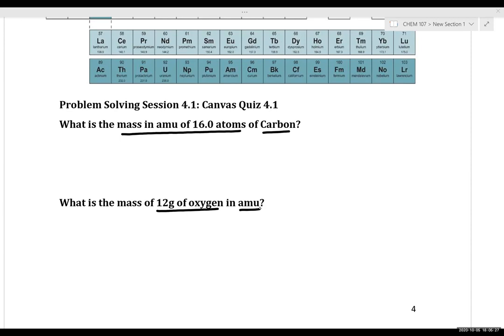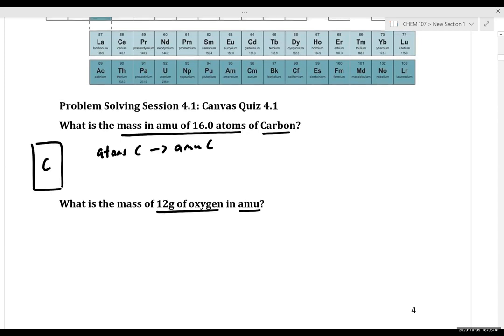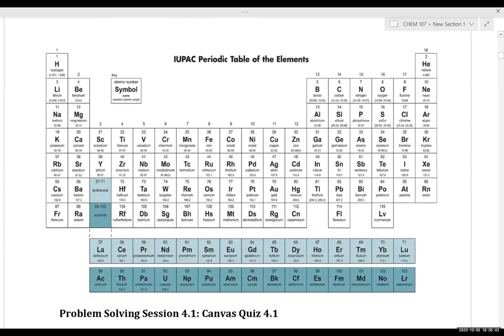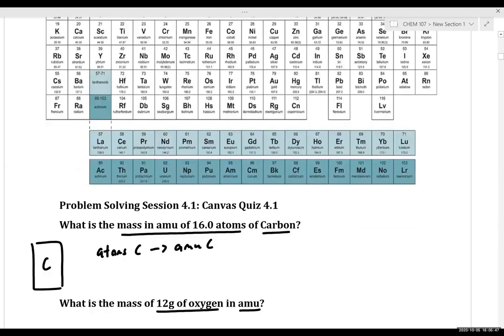Okay, so let's talk about this example. We're trying to go from atoms of carbon, and then we're trying to calculate the mass in AMUs of carbon. If we look at carbon in the periodic table, we see that carbon has an atomic mass of 12.00.